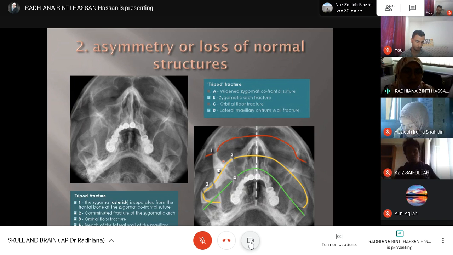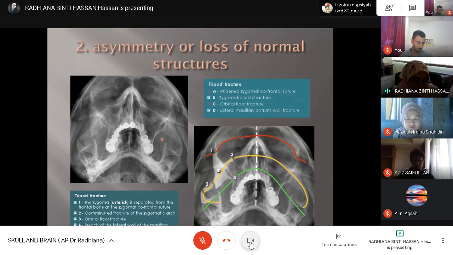So for example, when you saw this one, this is OM view or Waters view. Usually if you do not have any approach, any techniques how to look at the image, you'll be searching for the abnormalities here and there.